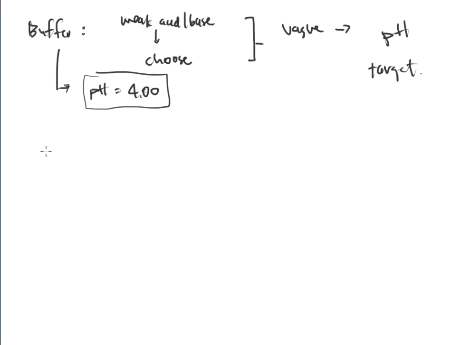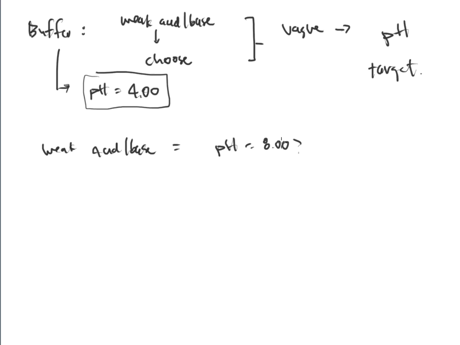So that means when I go and pick out my weak acid and base combos, I don't want to pick out ones that will make a buffer that has a pH of 8. That's no good, because it's only going to buffer in that pH range.